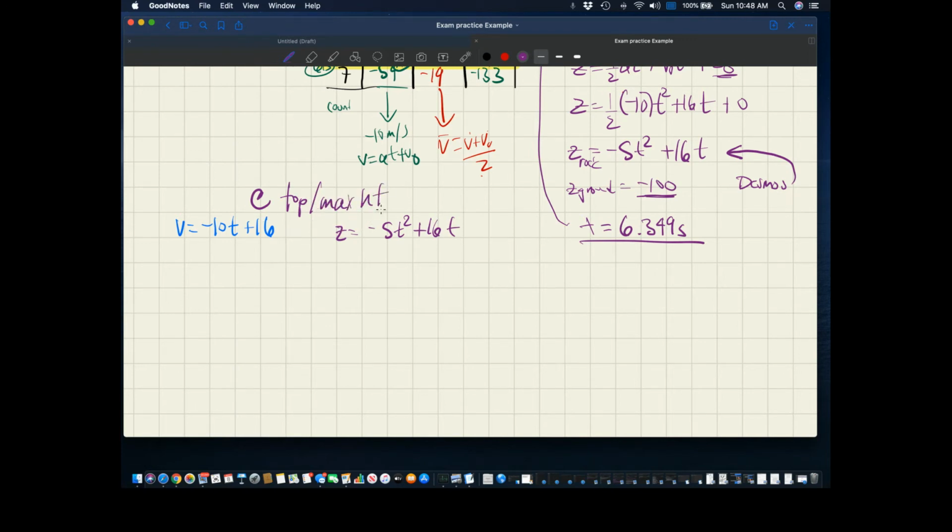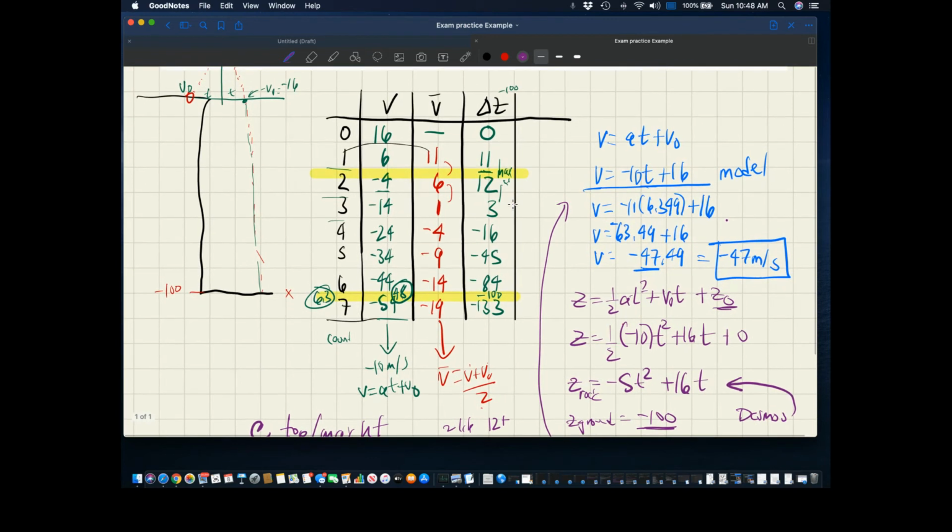Well, what do we know about when it's at the max height? We know it's about 1.6 seconds, and we know it's probably a little bit bigger than 12 meters. And we know that from our table. We already figured out that it's on its way down at 2 seconds. So it must already have reached its maximum. And if the biggest number in the table is 12, it had to have a velocity of 0 sometime before this, so it must have been bigger than 12.